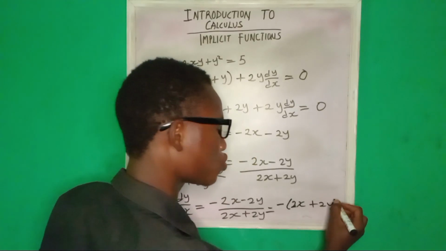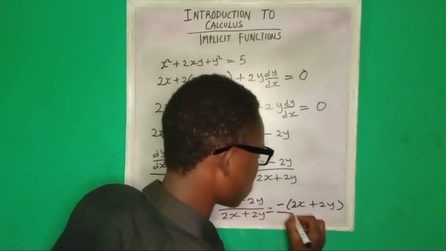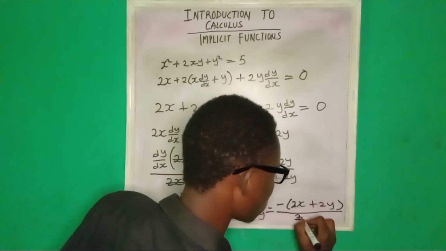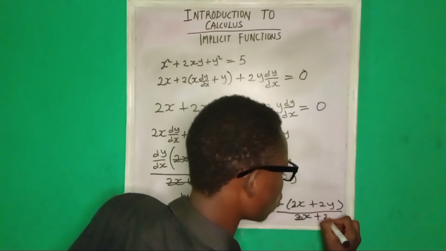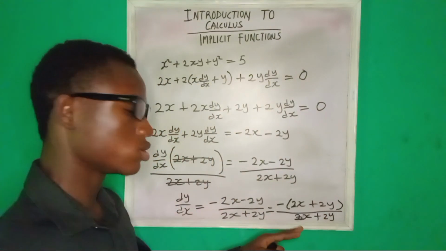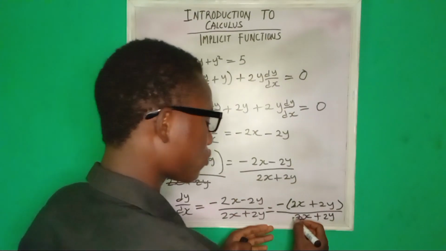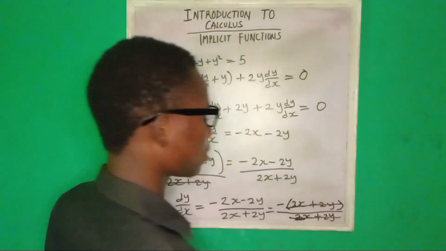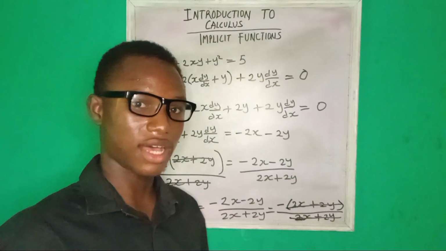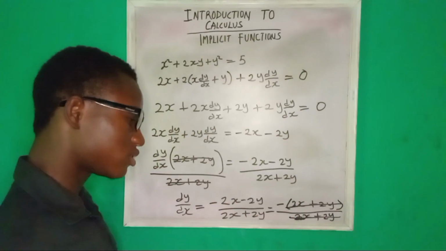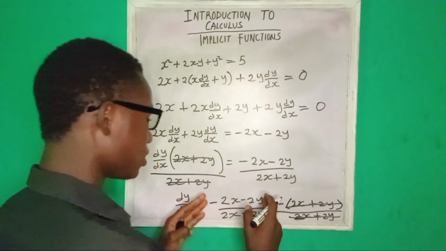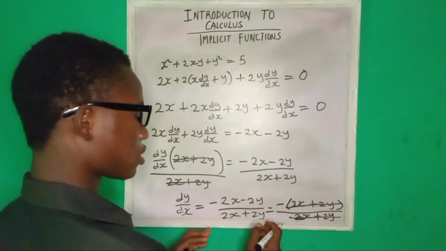That means you can have 2x plus 2y over here and still have 2x plus 2y down here. So by the time we divide this and divide this, we will have our final answer as -1. But most of the times, implicit functions usually end at this particular point.